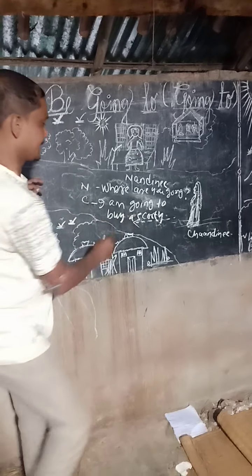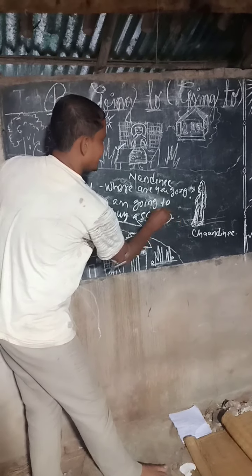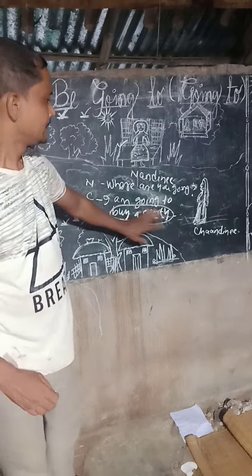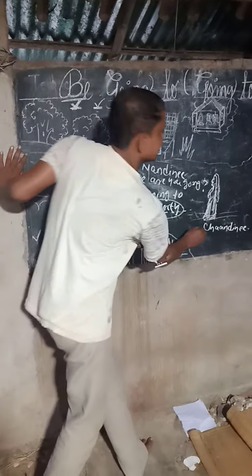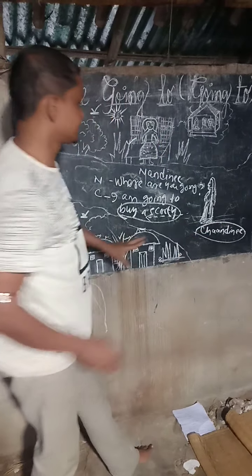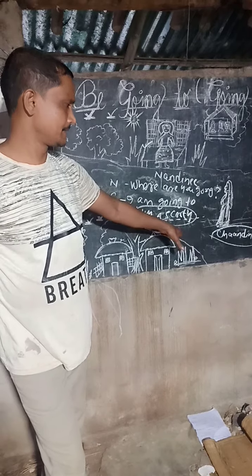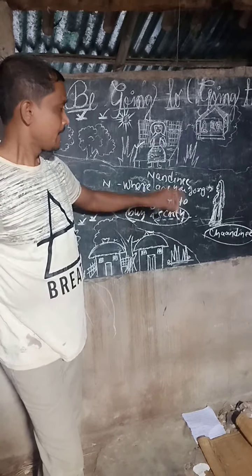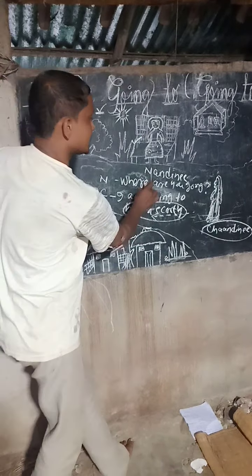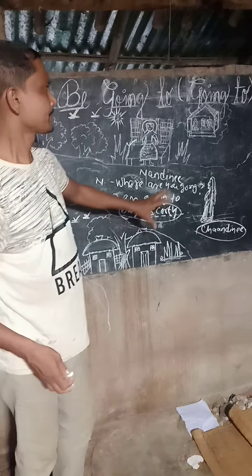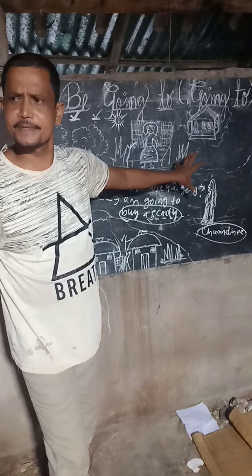Just like now you can see, the activity of buying a scooty will be done in the future. Here the speaker is Chandini and she has decided to buy a scooty. But a question arises whether she made the decision at the time of speaking or before.